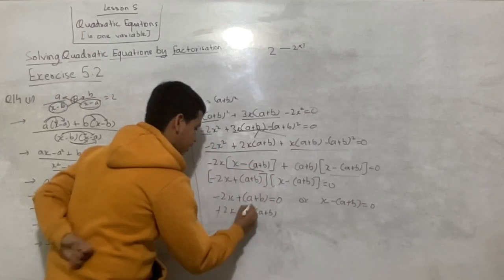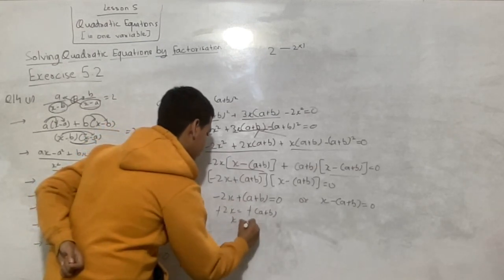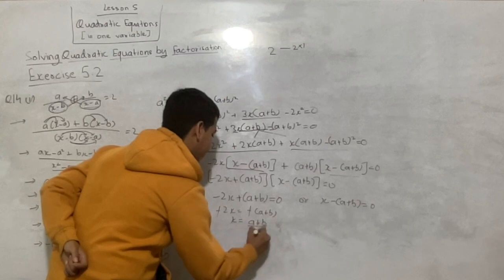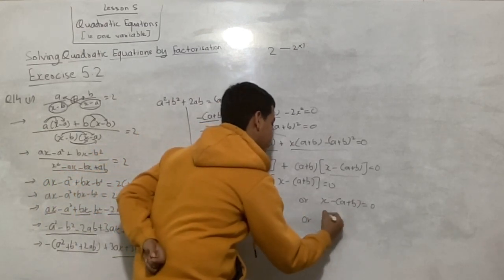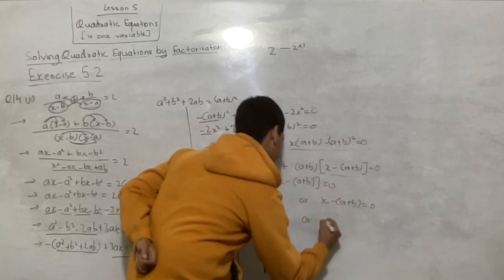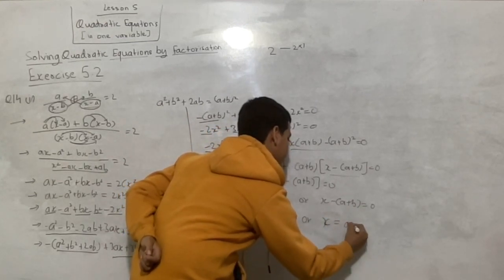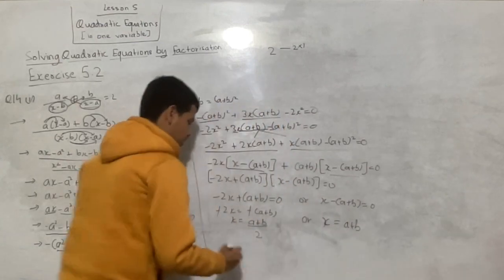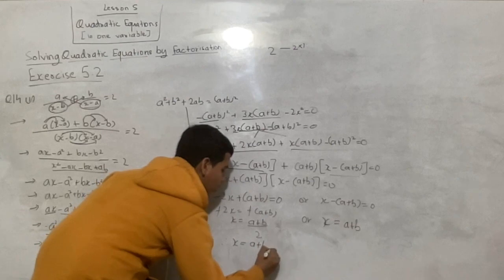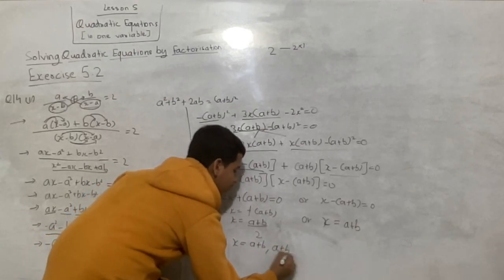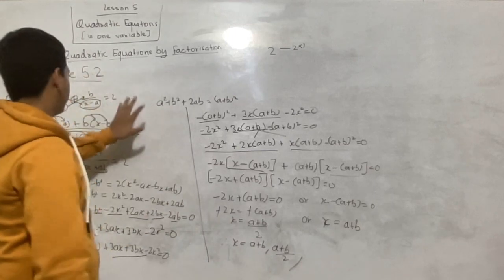Minus and minus get cancelled, so 2x is equal to a plus b, x is equal to (a plus b) by 2. Or here when we solve it, we get x is equal to a plus b. That's it. We got our answer. Therefore, x is equal to a plus b or (a plus b) by 2. So these two are the roots or the solution of this equation.